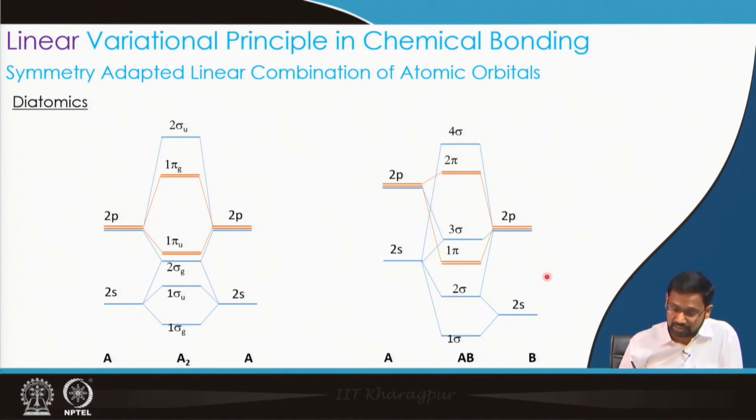So, one thing is that I see the orbitals are no longer the same as each other, but the other part of the story remains the same. What is that?